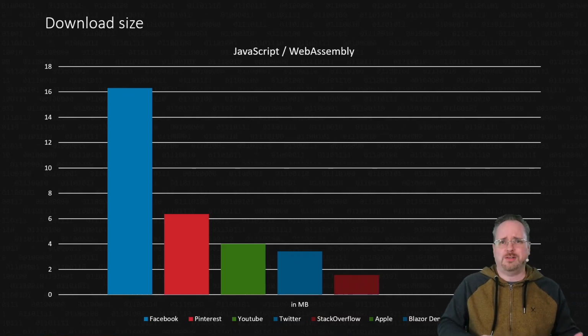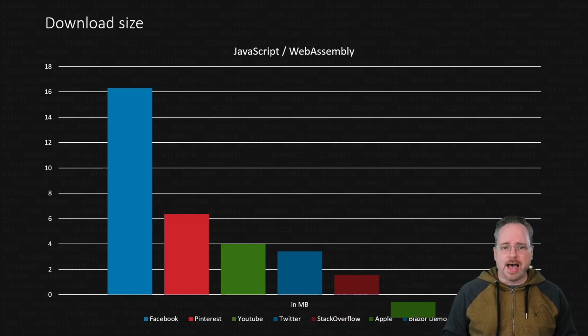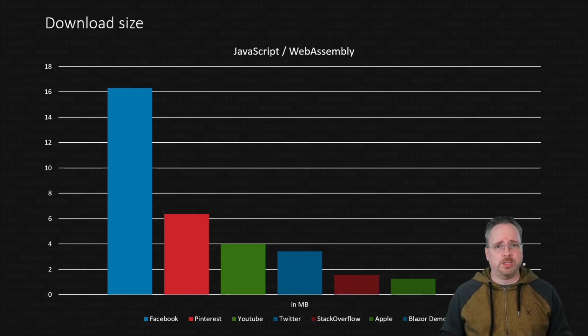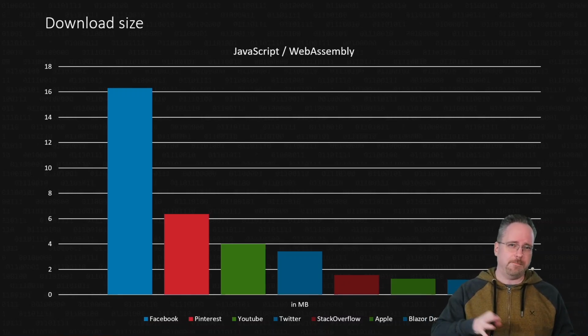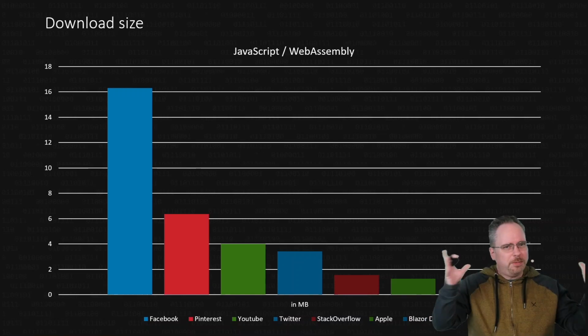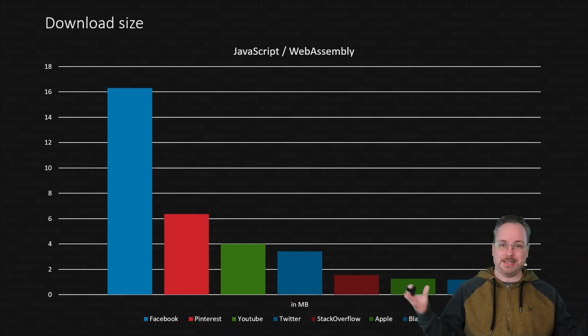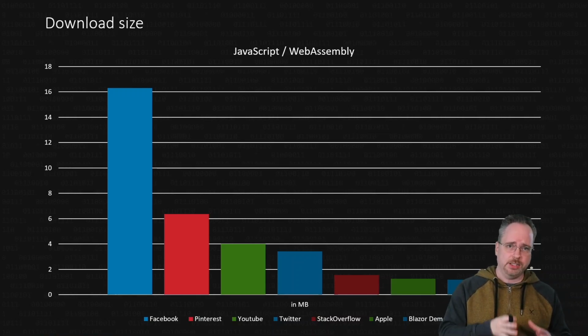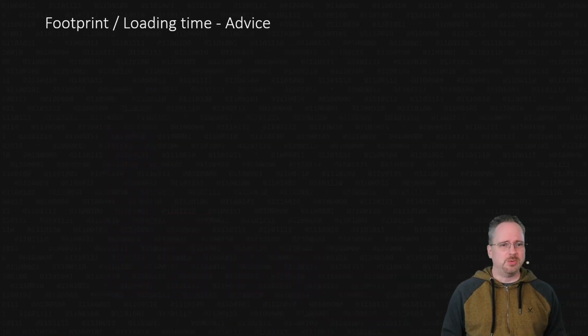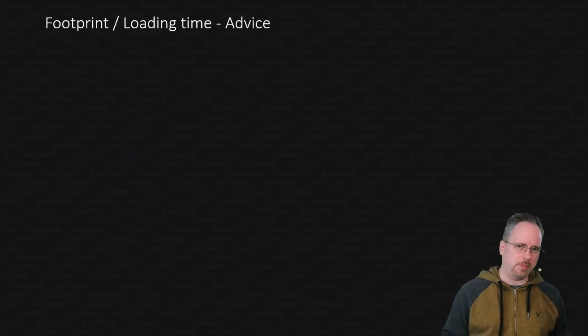Stack Overflow has 1.5. Apple 1.25. And the Blazor startup site has about 1.2 megabytes. To be fair, the Blazor demo site is super small, but you can also add compression, Brotli compression, and all these things are quite easy to add to your Blazor project as well. So it's not really a problem anymore.